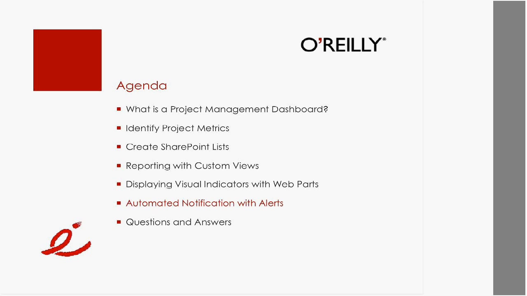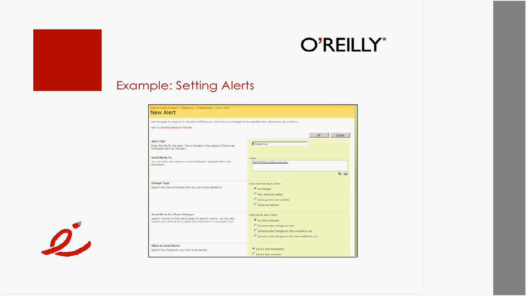Okay. All right, good. One more topic I wanted to talk about, which ties into reporting and dashboarding, is this whole idea of automated reminders. One of the things, and I'm sure a lot of you know this, is that in SharePoint there are what's called built-in alerts.